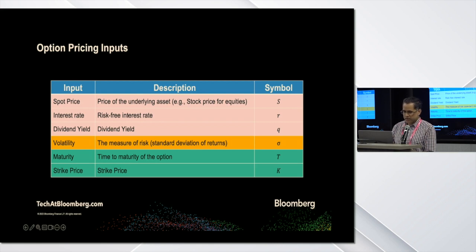The first three are observable in the market, right? You can observe all these prices in the market. But volatility is a very important parameter, but unfortunately we cannot observe volatility or the risk of the underlying asset. And the only way to get this feature is to estimate it from the price series. And maturity and strike price are the parameters of the contract. So these are all the inputs to the pricing model.